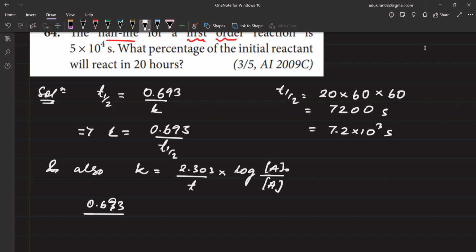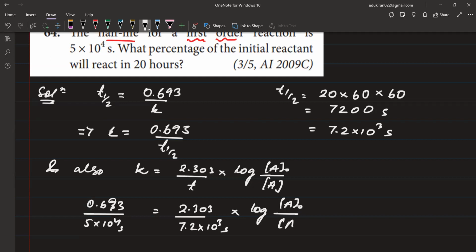7.2 into 10 to the power 3 seconds. Correct guys, yes or no? Now, sorry, this was not t half, my bad. Here you will be having 5 into 10 to the power 4 seconds, here you will be having 7.2 into 10 to the power 3 seconds, into log of a naught upon a.